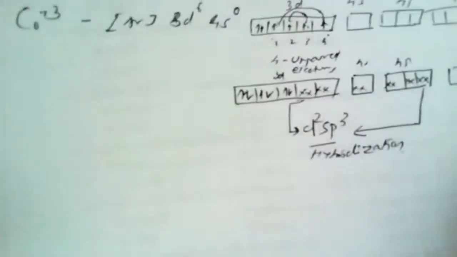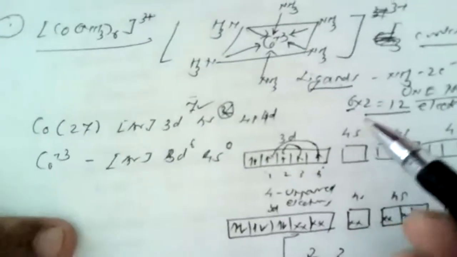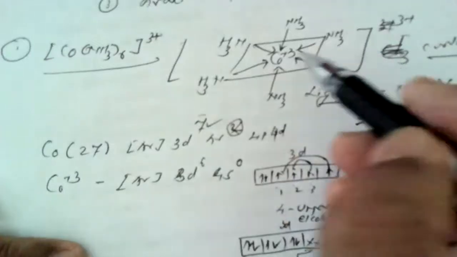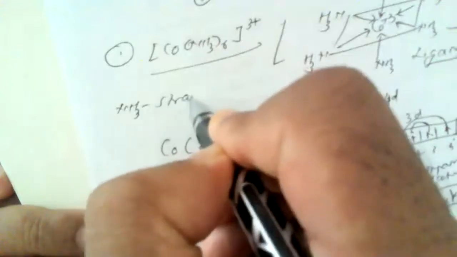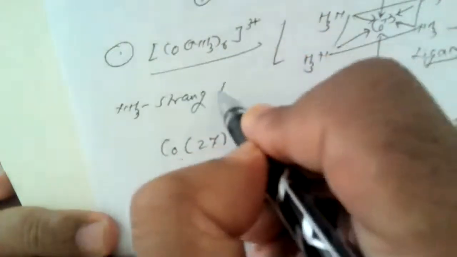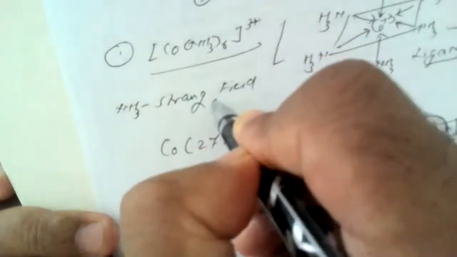So you should bear in mind that whenever ammonia molecules surround this cobalt, those ammonia molecules produce a strong field, which is known as a strong ligand field.